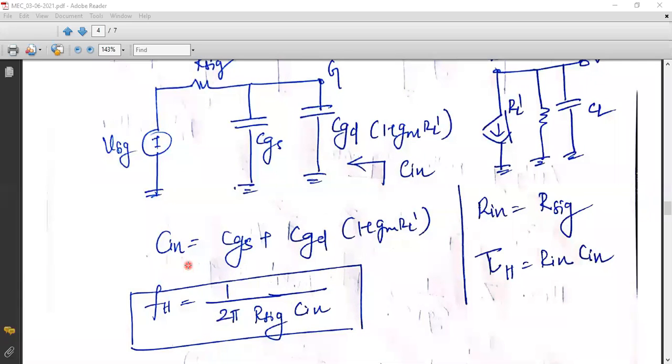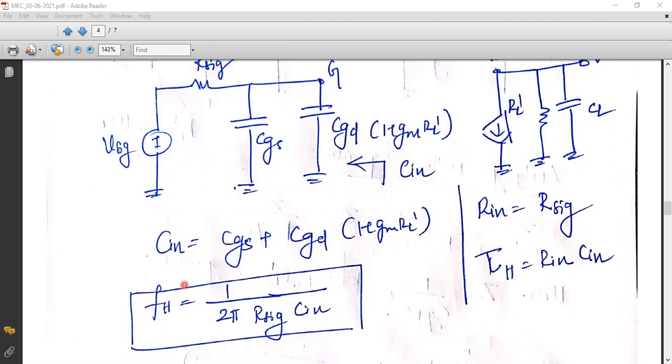a total equivalent Miller capacitance, which is defined by CGS plus CGD multiplied by 1 plus GM into RL dash. So you need to study this equation Cin so that you can find Fh by using Miller equivalent. So this is a very easier method to find the cutoff frequency of any amplifier if there is bridging capacitance present between the two terminals.